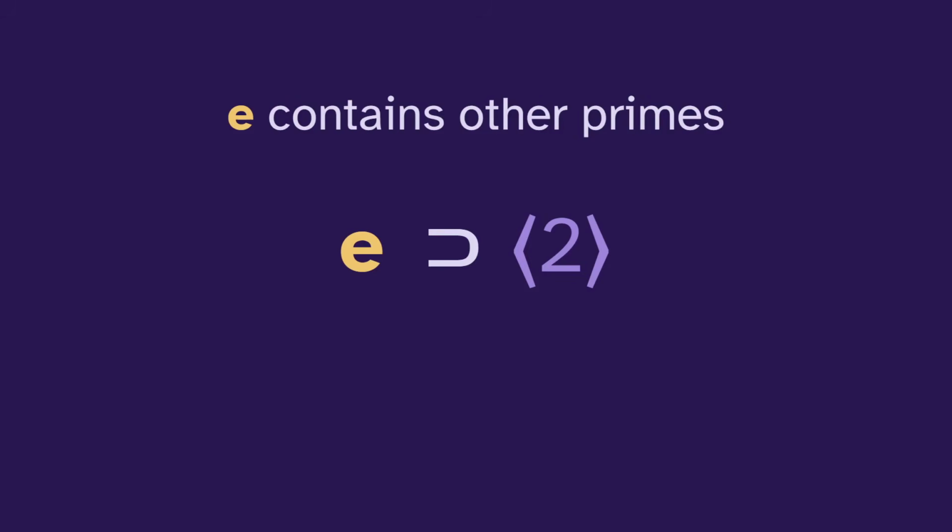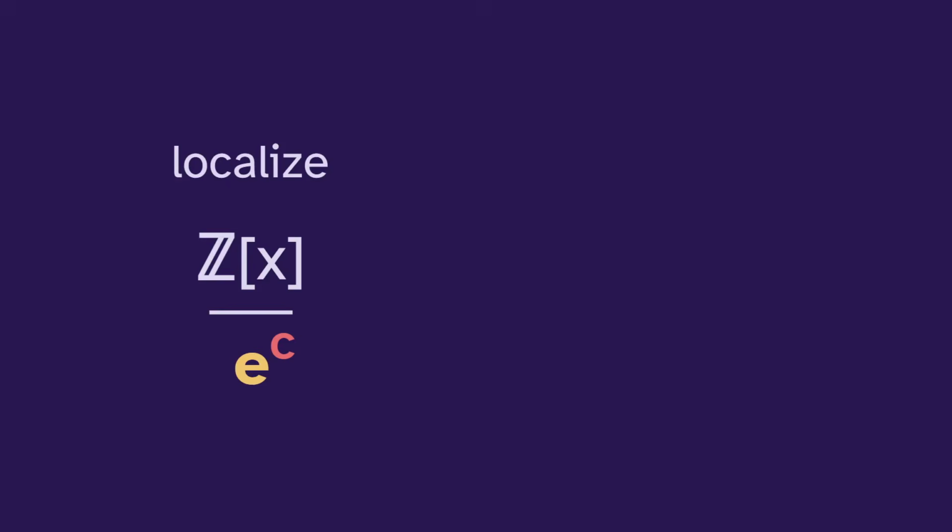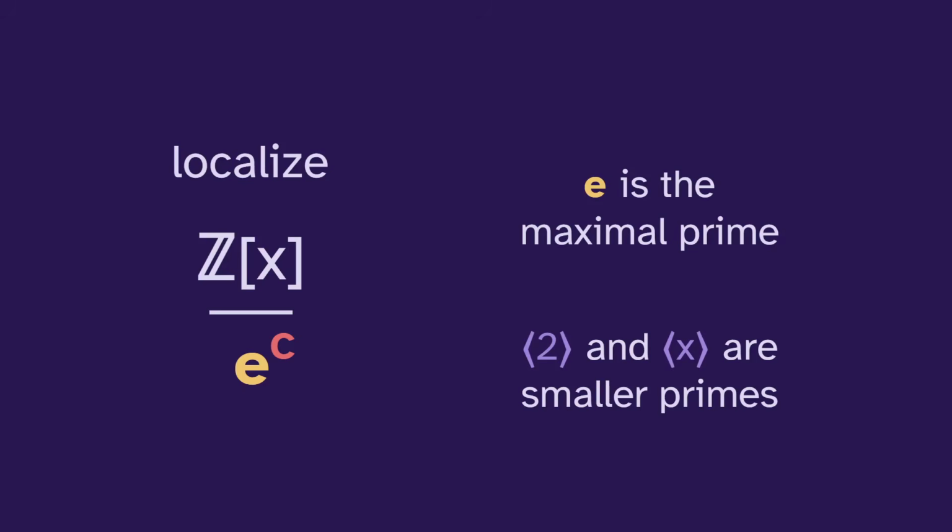E contains all the multiples of 2 and all the multiples of x. So if we localize by E, we get E as the only maximal prime, but the 2 and x ideals are smaller primes. Polynomial primes are really interesting, and I'll be talking more about them in my next video.